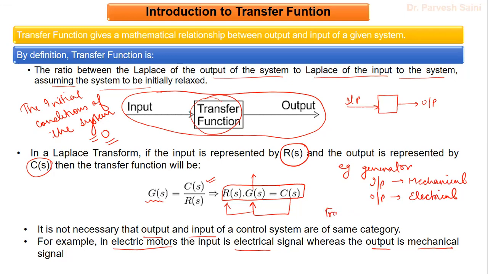However, in a transformer, we can see that the input and output both are electrical. So it is possible that the system which we are dealing with and trying to find the transfer function of may have different types of input and output. There may also be a possibility that the input and output are the same, as in the case of the transformer. So this is one example actually.